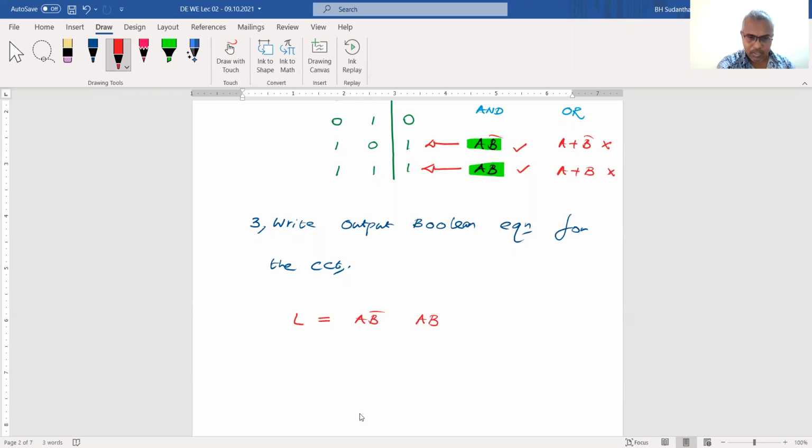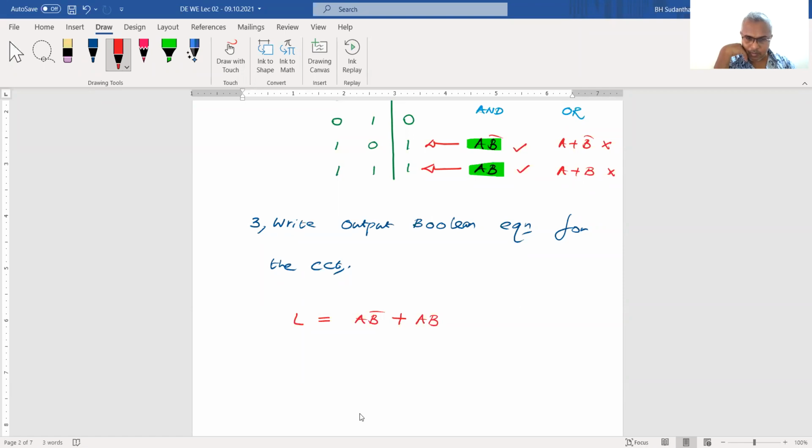This is actually one combination, where A is open and B is closed. This one, both are open. Now we have two different combinations, two different conditions. How can we combine these two conditions together to write the combined equation for L? Then this should be OR.